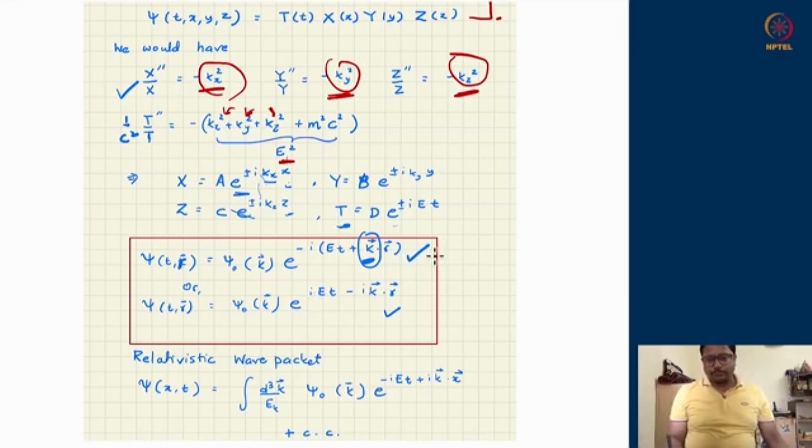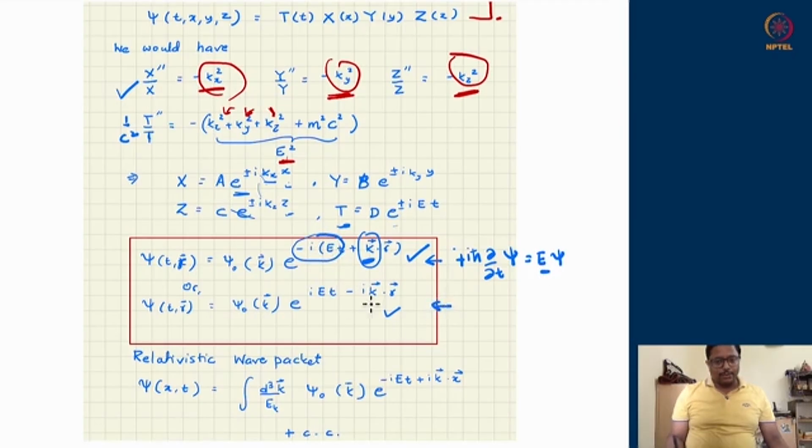The upper thing is called positive energy solution because the energy is typically measured by operation of the Hamiltonian, which is effectively plus iota h bar times del del t acting on psi. If I take the first wave function, this operation gives me a positive E times psi back. So therefore, if I have a minus iota Et in the exponential, then it is a positive energy eigenfunction.